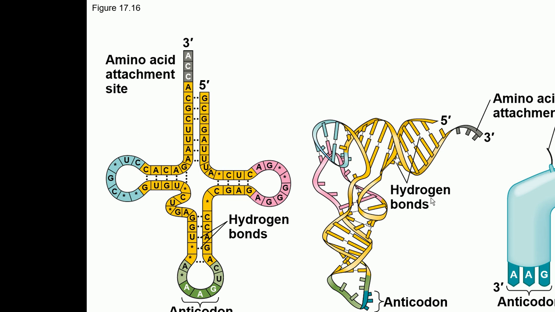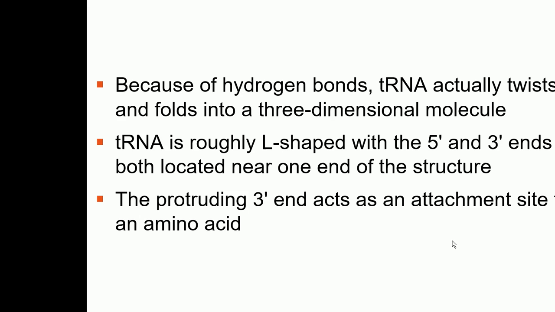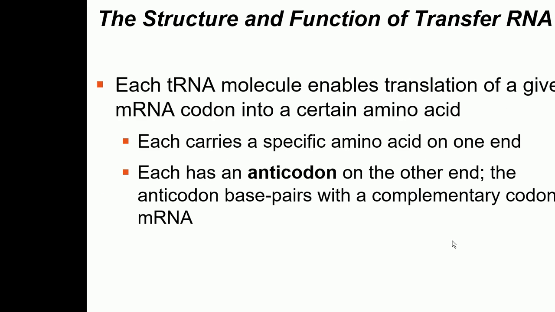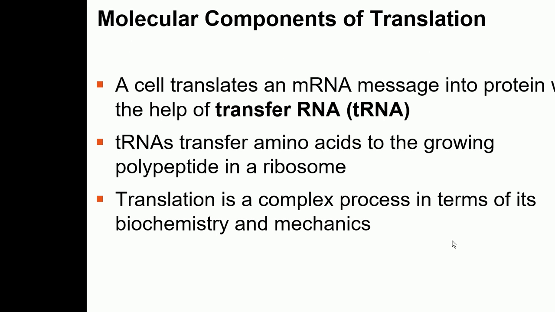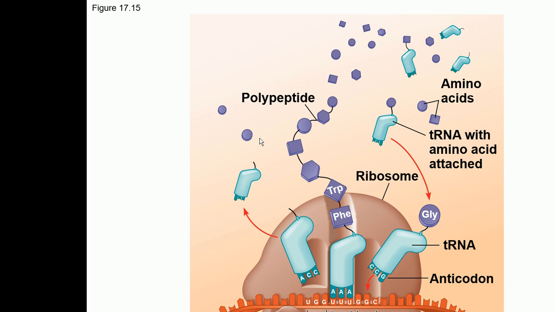So basically there are two parts of the transfer RNA. On the 3' end, the amino acid is attached, and on the other side is the anticodon. So transfer RNA transfers amino acids to the growing polypeptide chain in a ribosome.